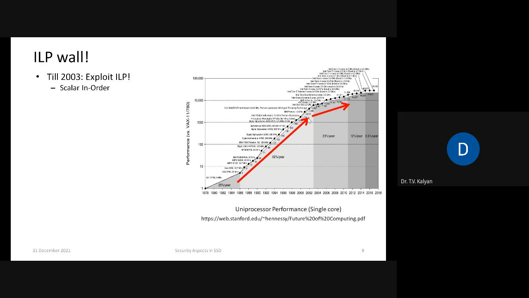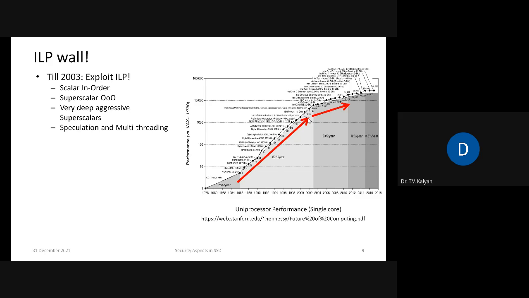What happened was, till the 2003-2004 time frame, we started from a simple scalar in-order, moved to a superscalar out-of-order, then very deep superscalars with nearly 25 plus stages, right?